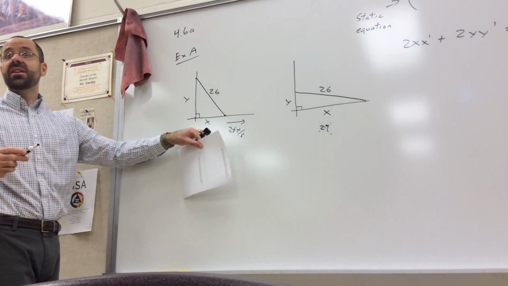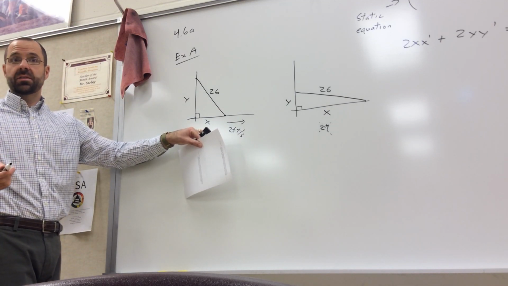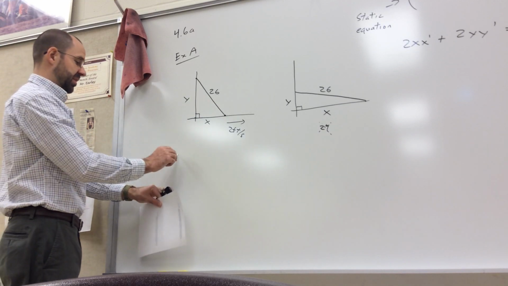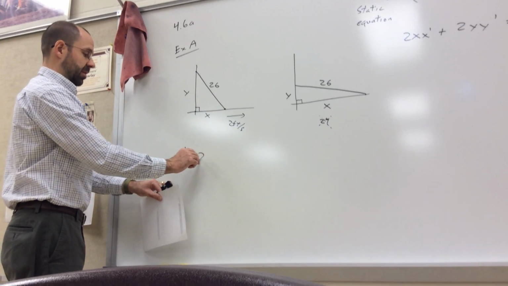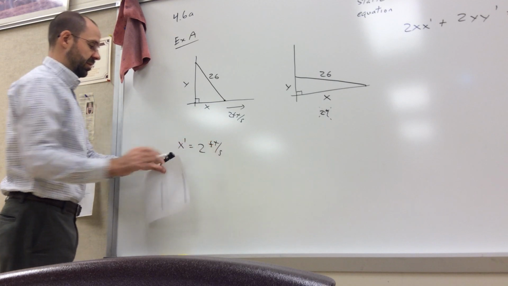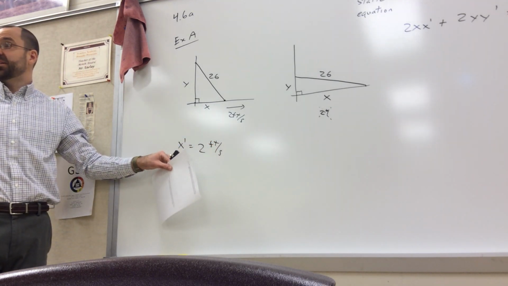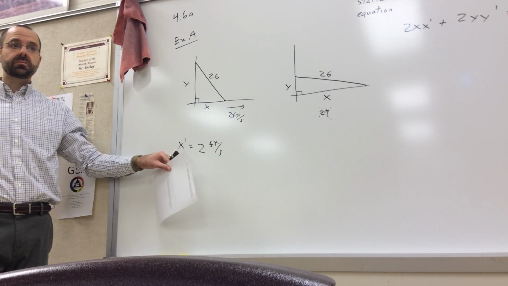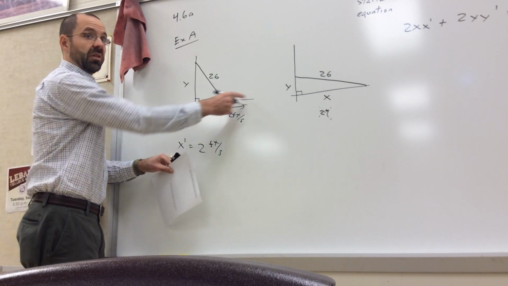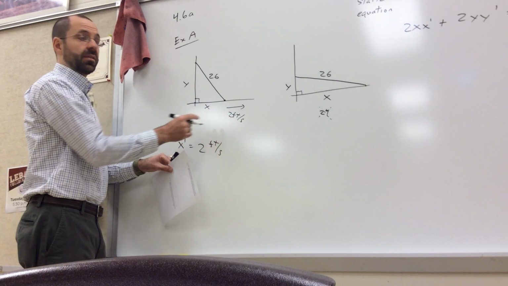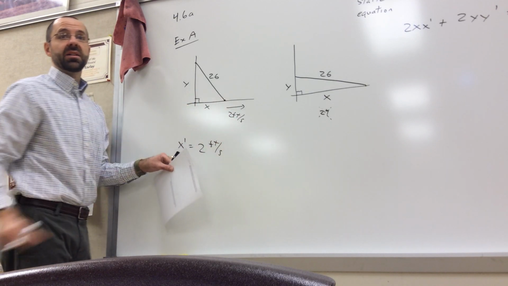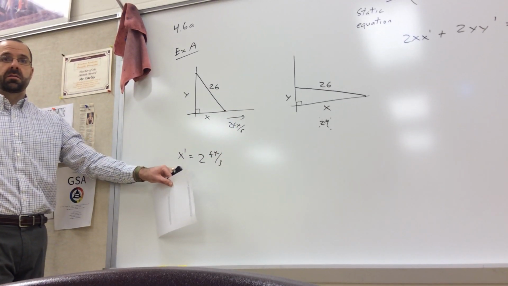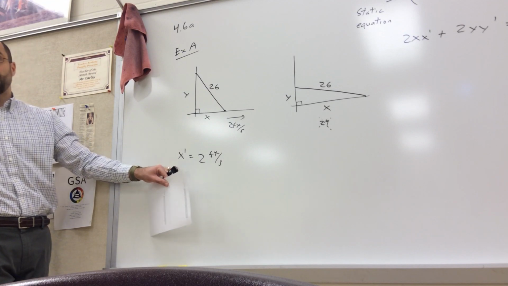So x is changing at 2 feet per second. So that means the x prime is 2 feet per second, because x prime is the change of x. It's the derivative of x. So since the bottom of the ladder is moving away at 2 feet per second, that means that the x is getting bigger by 2 feet per second. And then that means x prime is 2 feet per second.